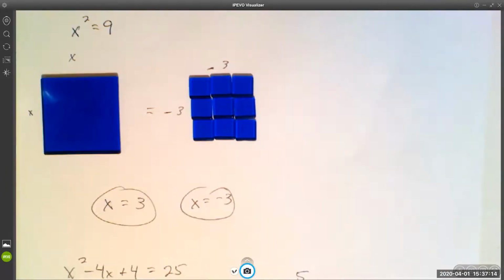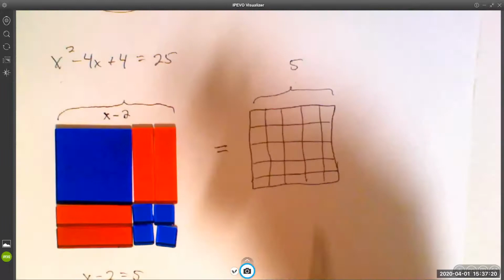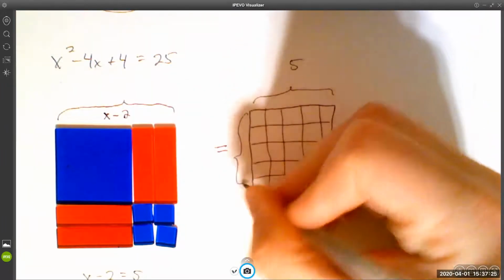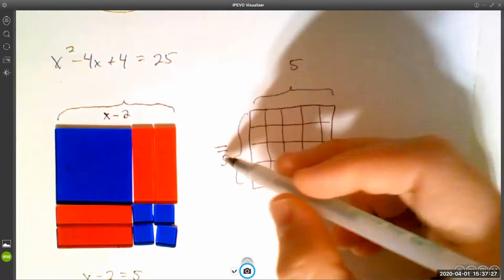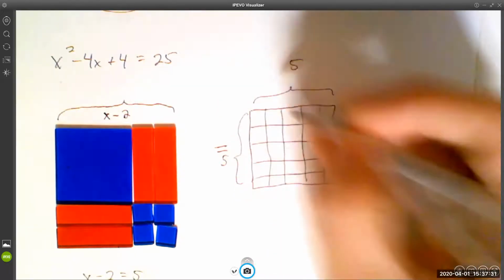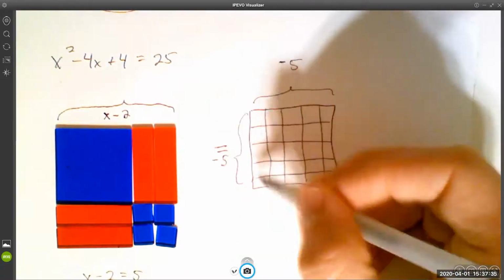So going back to the problem that we were working on a second ago, x squared minus 4x plus 4 equals 25. One way to see this is to see it as a positive 5 times a positive 5 to get a positive 25. Another way to see it is to see it as a negative 5 times a negative 5. That would also give you a positive 25.